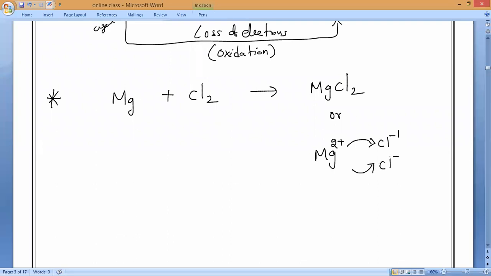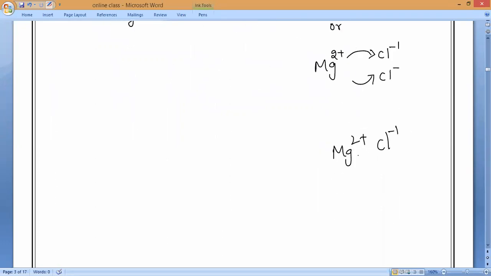Yes or no? Magnesium 2 plus, how many chlorine atoms do we need? For 1 magnesium atom, 2 chlorine atoms combine, so we get MgCl2. Yes or no, guys?